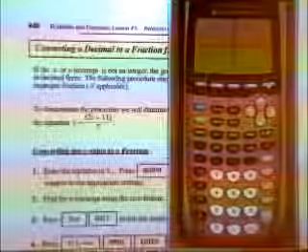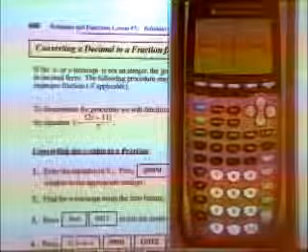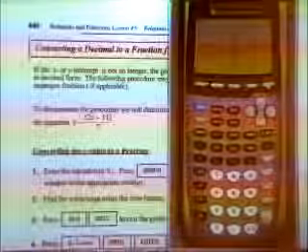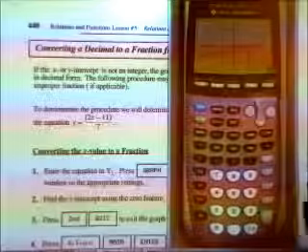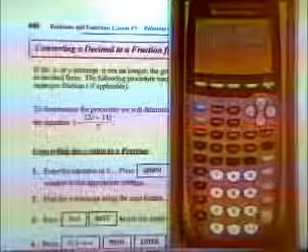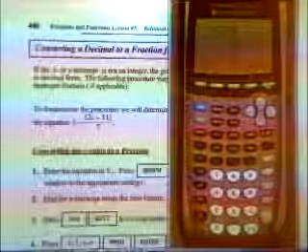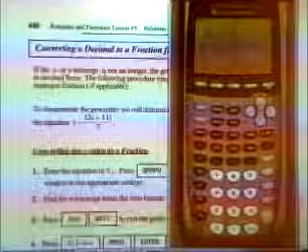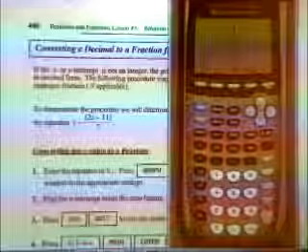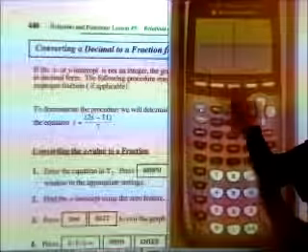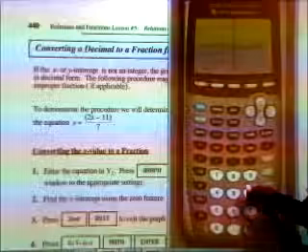Can I see both the x and the y intercepts? Yes, I can. So let's start with our x value. Let's find the x-intercept. How do I find the x-intercept again? What do I use to find the x-intercept? Second calc and 2, so I find the 0.